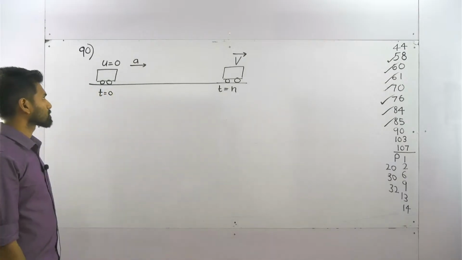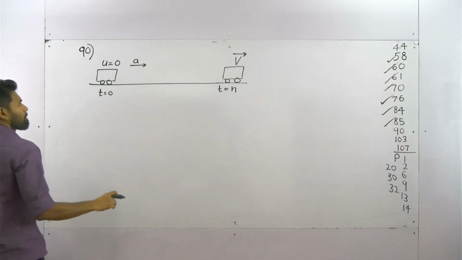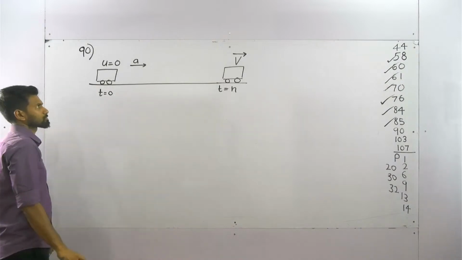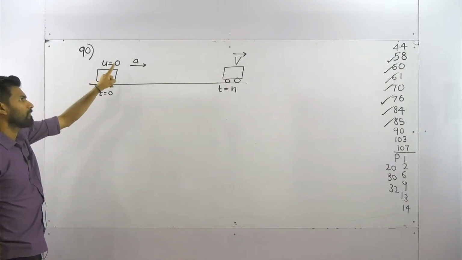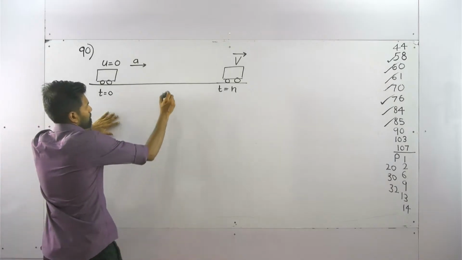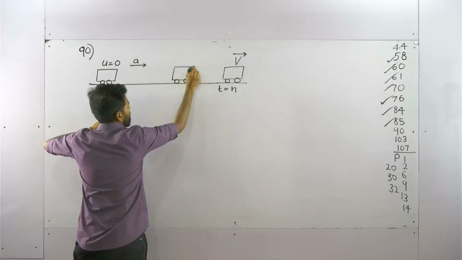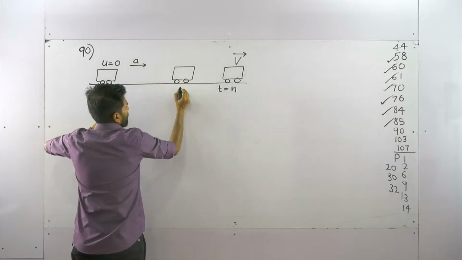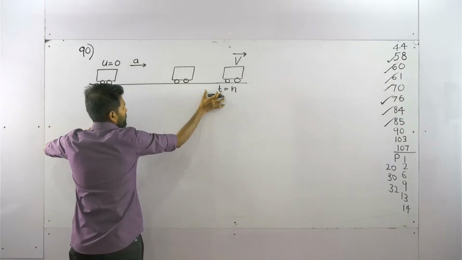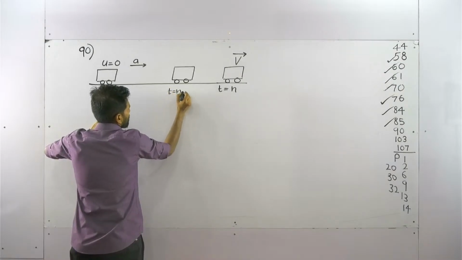Its final velocity is v after n seconds. Two seconds before that, the time is n minus 2.